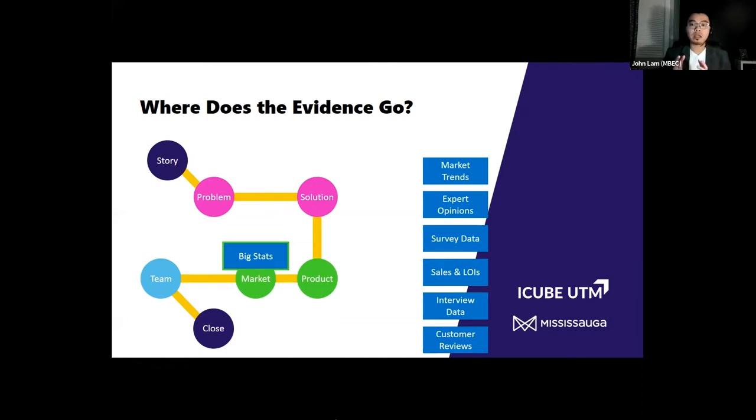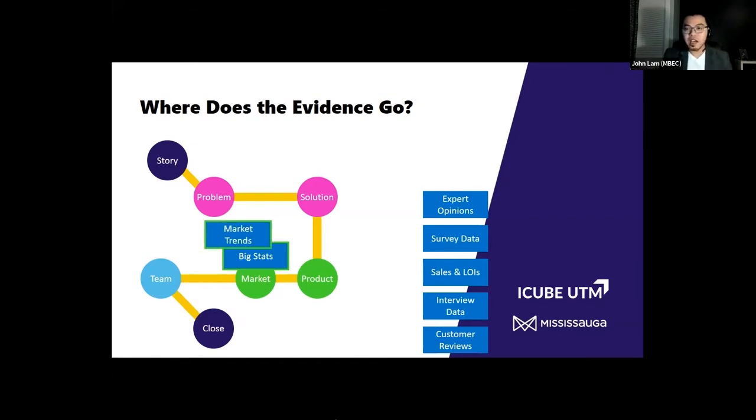All right, so there's a bit of overlap, because big stats, are you talking about problem big stats, or are you talking about market big stats? Right here, we're talking about market big stats. So not quite the solution, because now the solution digs a bit deeper into what it is that you're actually doing. Okay.